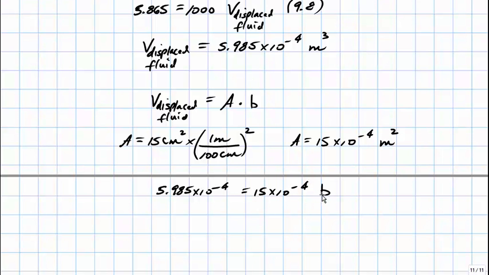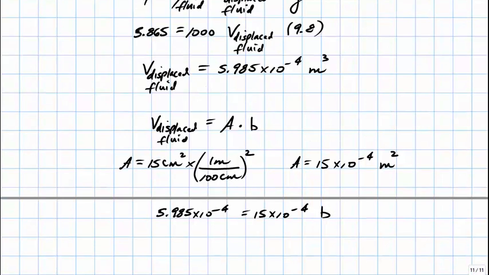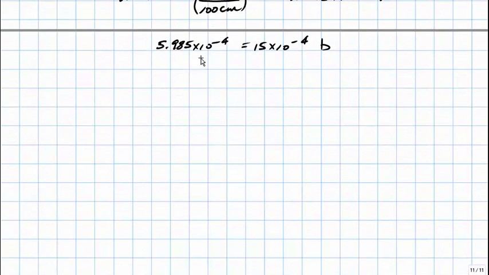And all that's left is the determination of B. The result for B equals 0.399 meters, which could be expressed as 39.9 centimeters.